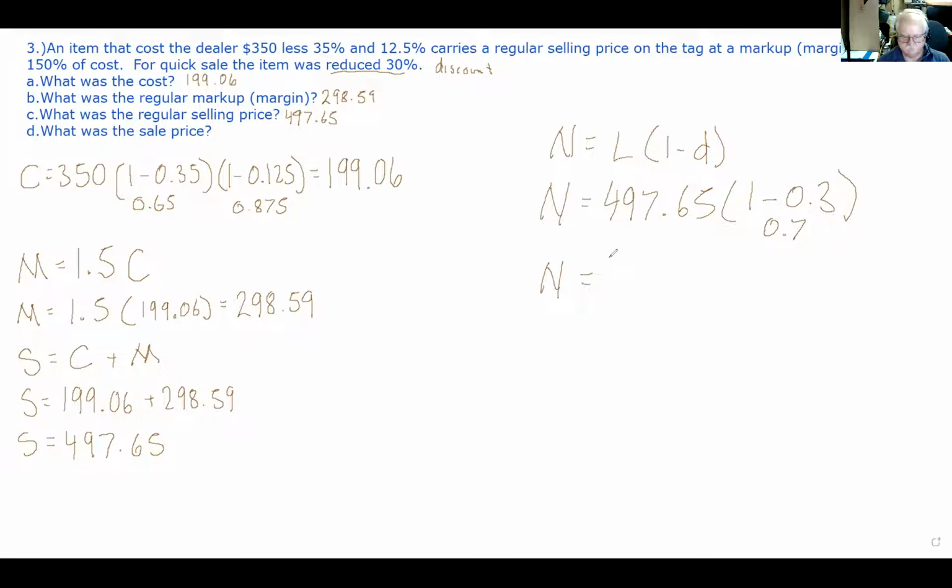And I too am getting 348 point, I don't know whether it's 35 or 36, because the last digit's a 5. Let me store that and see which way it goes. I'm going to get this up to 36. So that would be our answer here, 348.36.